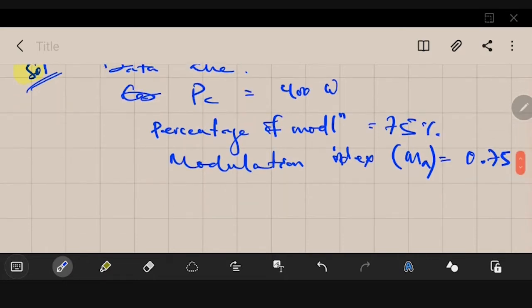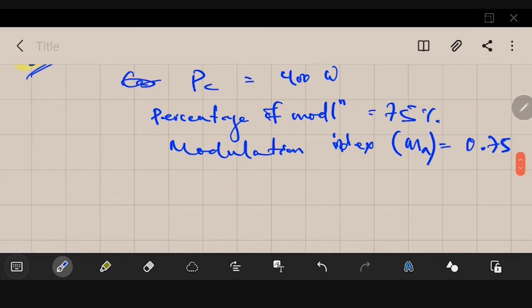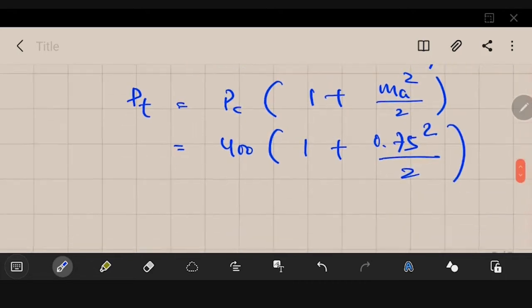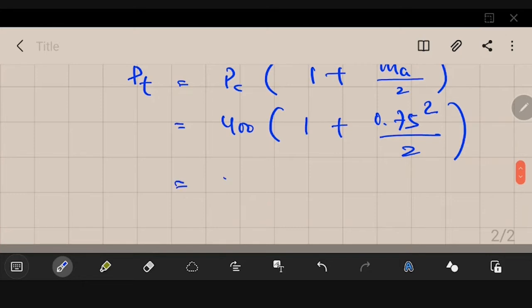So these are the data associated with it. Now we could use the formula. PT is equal to PC into 1 plus MA square by 2. We know that PC is given as 400, and 1 plus 0.75 square divided by 2. If you evaluate it, you will get approximately 512.5 watts.